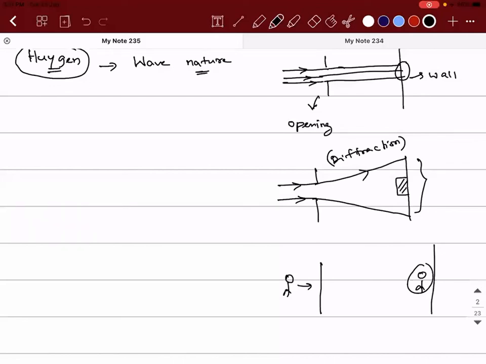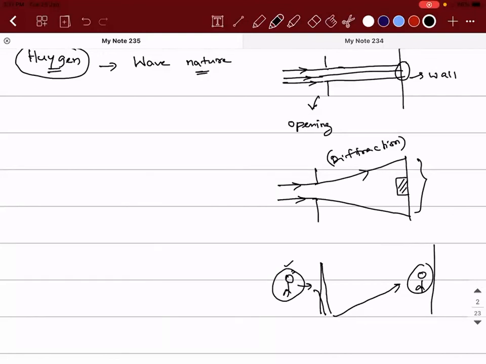But if I create a small opening like this, means the door is slightly pushed so that there is a very small opening, then the sound will travel through this and fall into your ears. Definitely compared to the previous scenario, you're going to have a more intense voice reaching your ears. So from this we can conclude that sound is undergoing something called as diffraction.